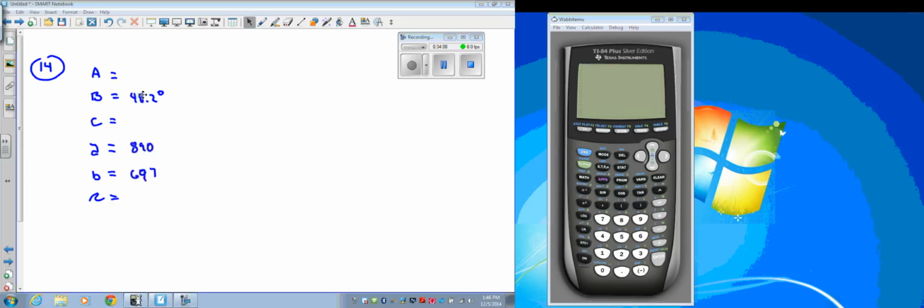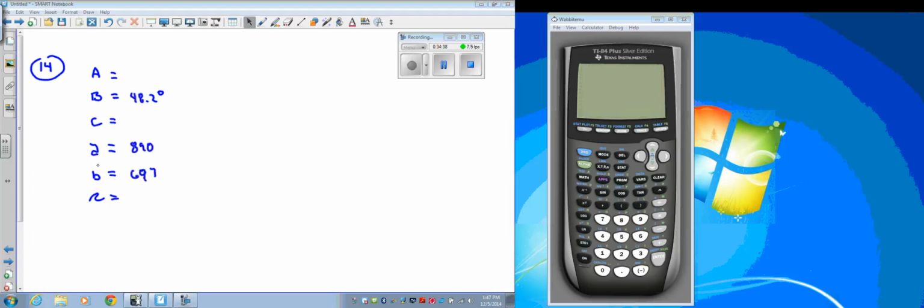But when you're only given one angle, what you have to watch for is, if you have the side opposite that angle, then it's the law of sines. If you're not given the side opposite, but you're given these two sides, then it's the law of cosines. So when you look at what's given to you, you have to decide what you're going to use. And this is the law of sines.